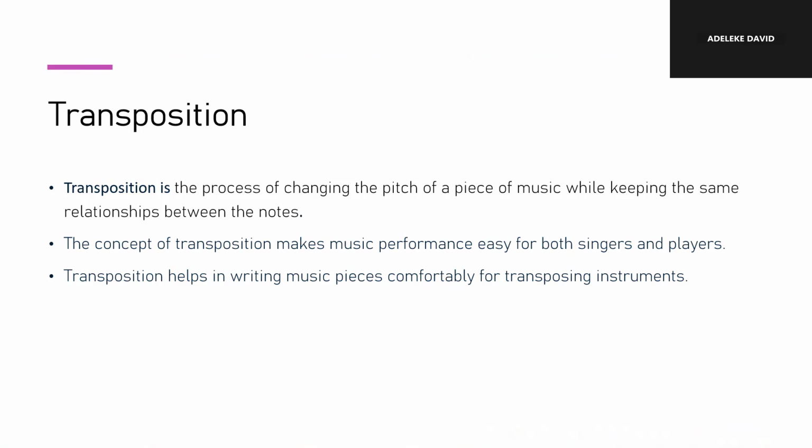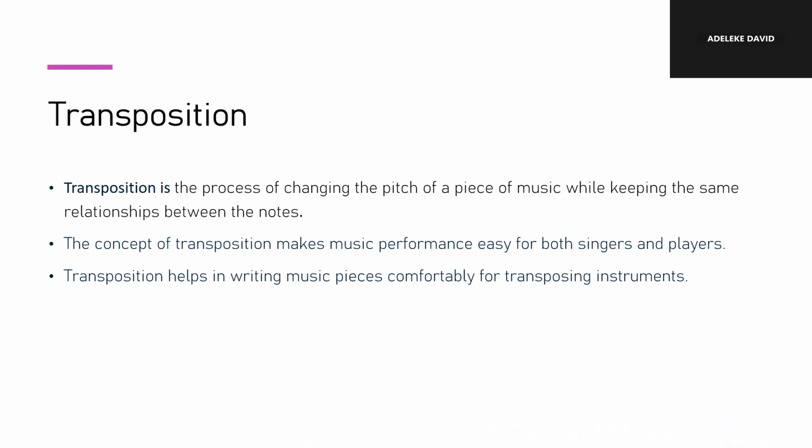For example, a music is written on F major. That's the concert key of that music. So if we're going to sing, as singers, we are all going to sing on F major. If a violin is going to play, a violin is going to play on F major. A keyboard is going to play on F major.